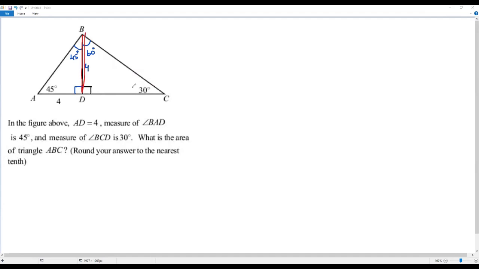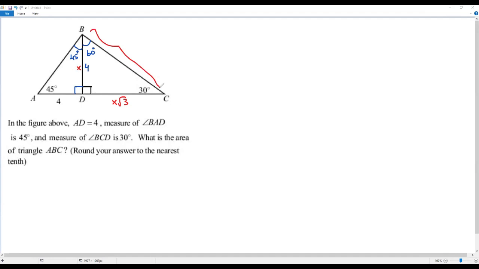Usually in a 30, 60, 90 special right triangle, we assume x as the length of the shortest leg. To get the length of the next longer leg, the side opposite 60 degrees, we multiply the length of the shortest leg by square root of 3. Then the length of this leg DC is x times square root of 3. And this is the hypotenuse because it is opposite the right angle.